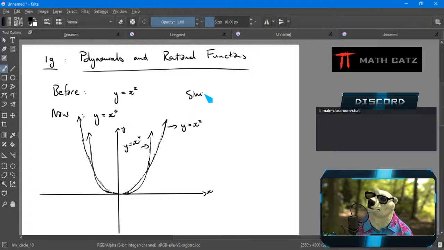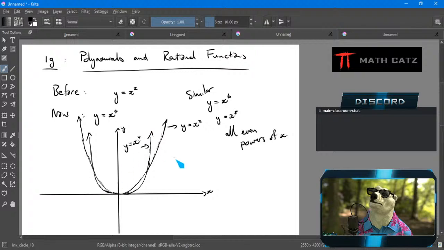So this is similar for y equals x to the 6, y equals x to the 8, and all these even powers of x will have similar features, this U shape. They get a little bit wider at the bottom, more steep as I compare them, but they're all the same kind of shape.